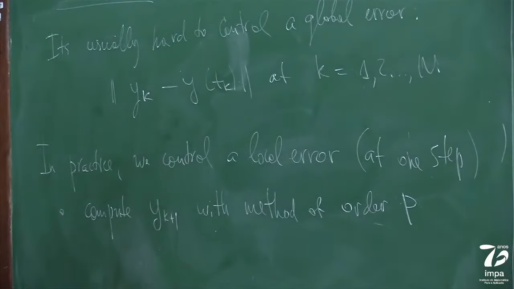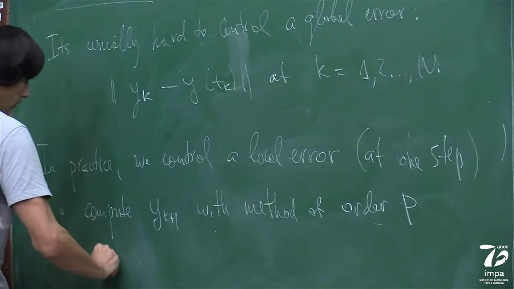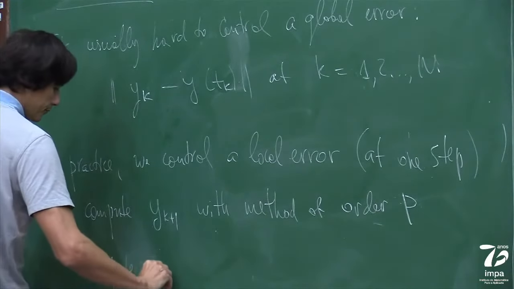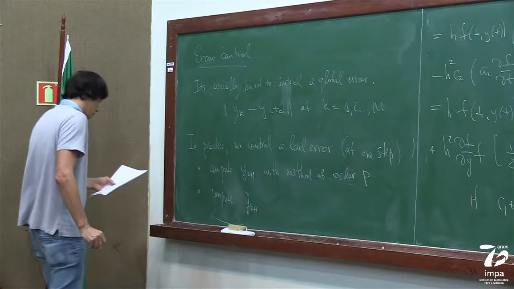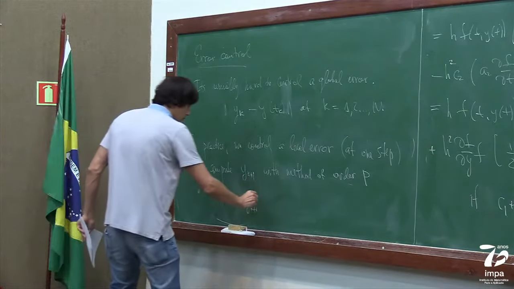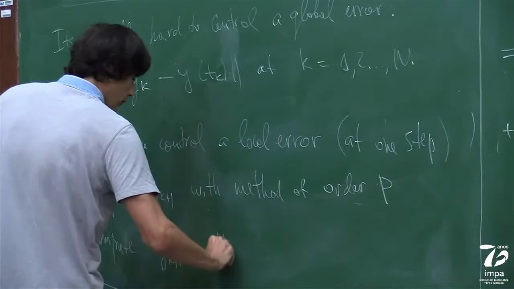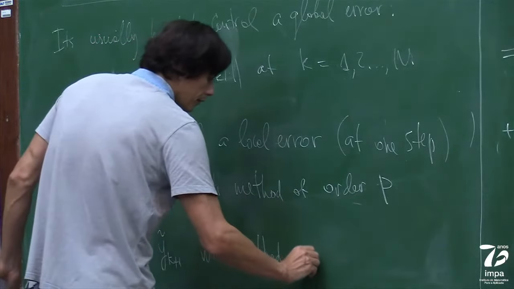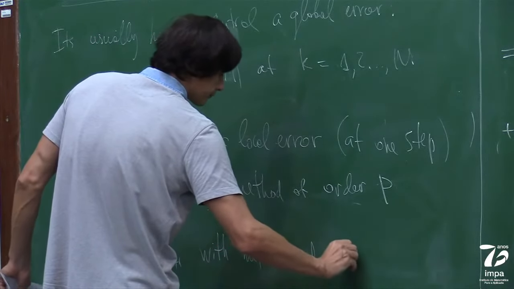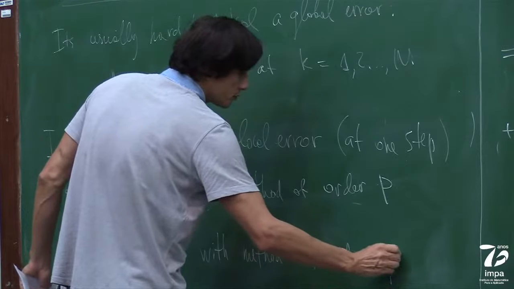And then you compute the same thing but with a different method, of order, let's say Q, which is bigger.